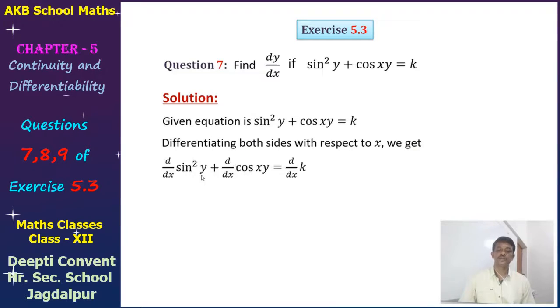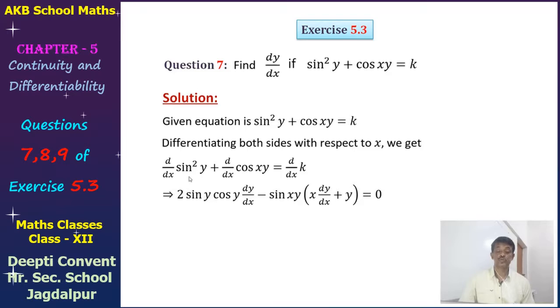So d/dx of sin²y plus d/dx of cos xy equals d/dx of k. k is constant, its derivative is 0, so the right side will be 0. On the left side, d/dx of sin²y: first of all it is a square function, so 2 sin y, then also sin y cos y, and then dy by dx. Okay, so 2 sin y, directly chain rule.